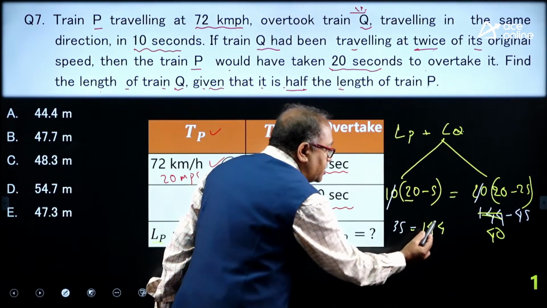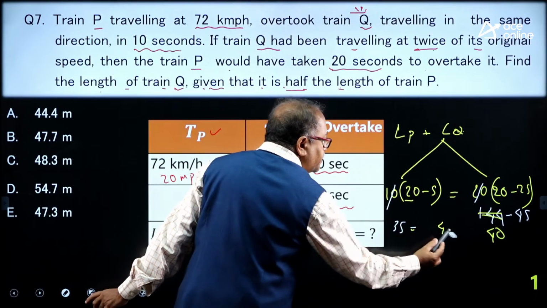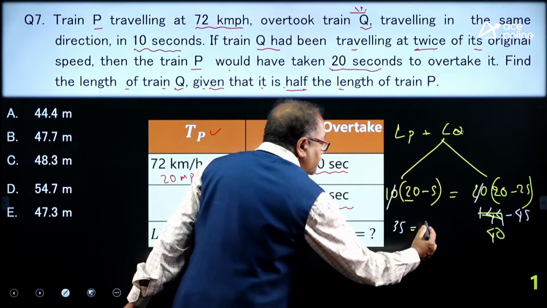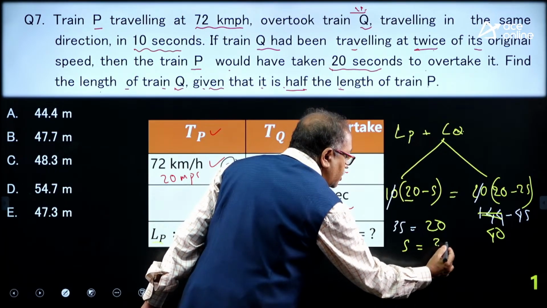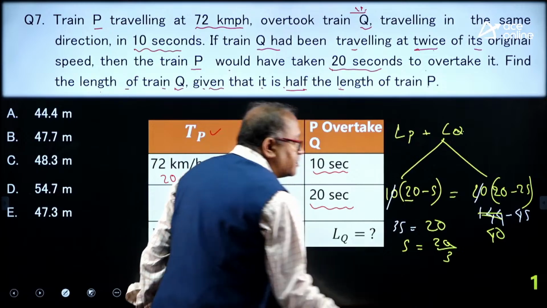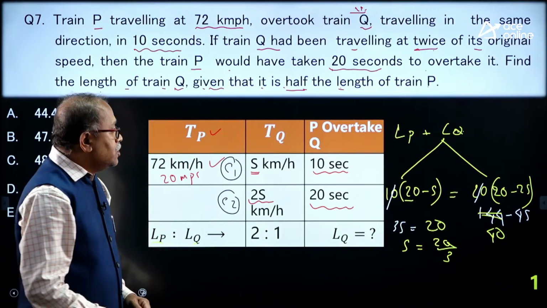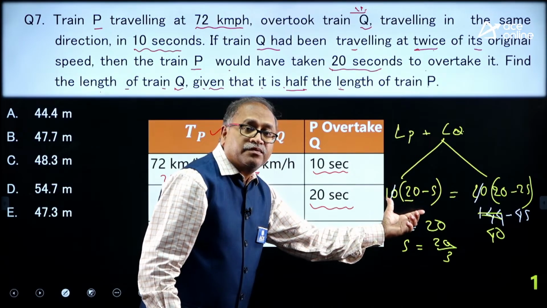It is a simple simplification part only. So 3s is equal to 20, so s is equal to 20 by 3. Now I will replace this s, and I will get the total length.